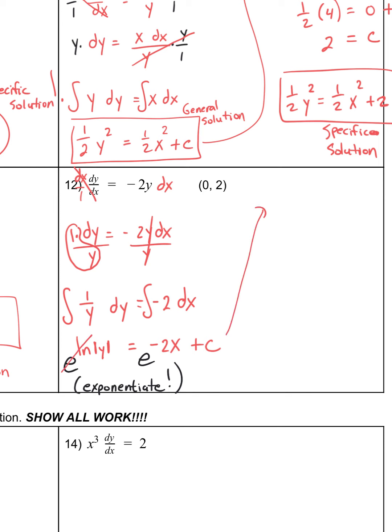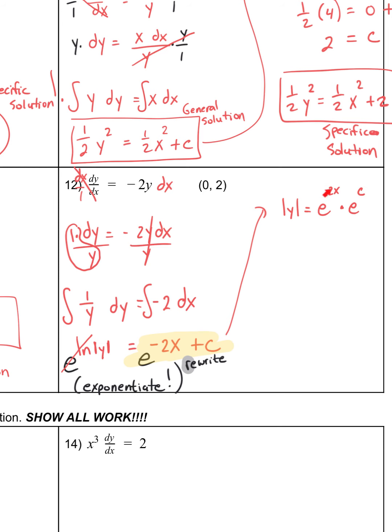So I'm going to go up here. On the left, I'm left with the absolute value of y. On the right, remember, I have to rewrite this side because I can't have c in my exponent. So I pull that out using exponents. So I have e to the negative 2x times e to the c.